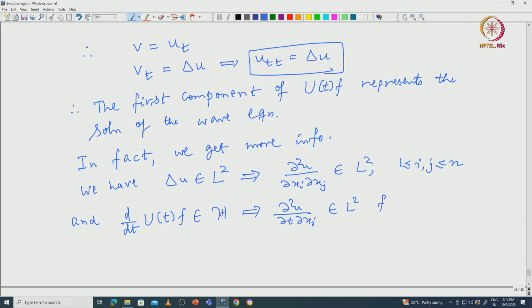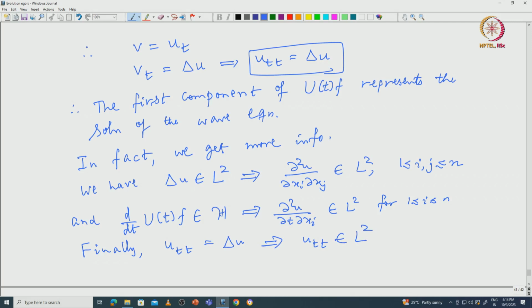Finally, u_tt equal to Laplacian u, because that is what we obtained, and that implies u_tt is also in L2. So, these are some kind of regularity we obtain on the solution.